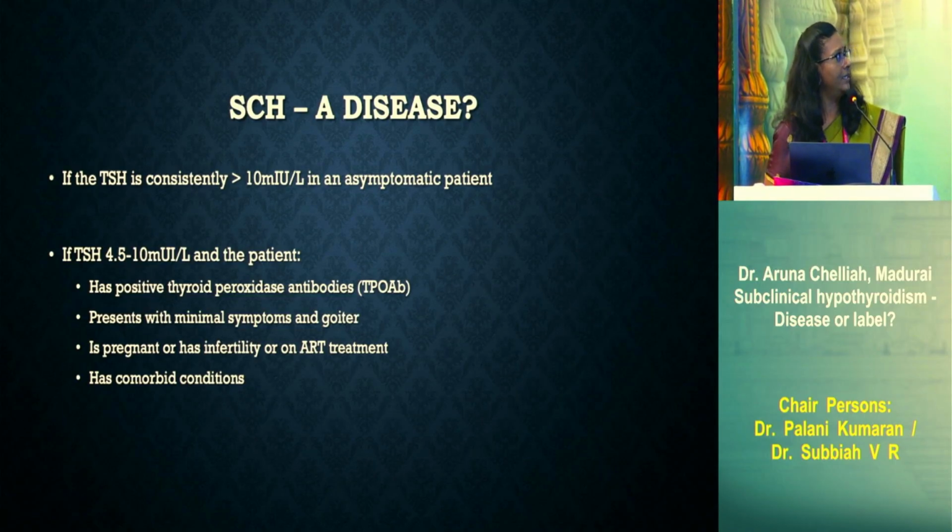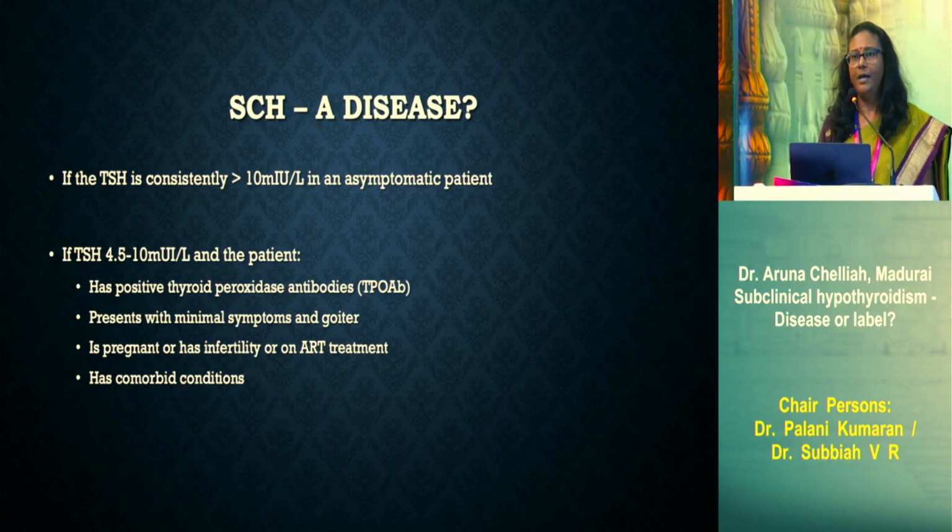So first let's see whether it's a disease. If the TSH is consistently greater than 10, then even if the patient is asymptomatic, subclinical hypothyroidism is considered. It is a disease, definitely. The patient needs to be treated, but if the TSH is in the gray zone of 4.5 to 10, that's where the problem comes.